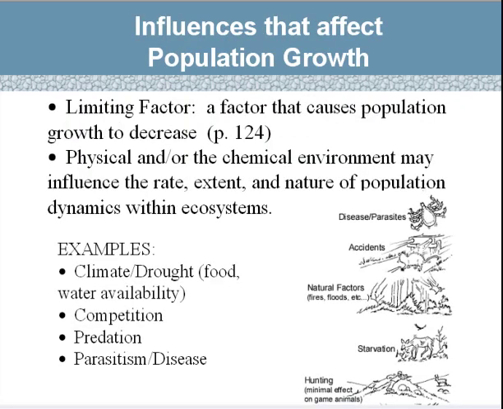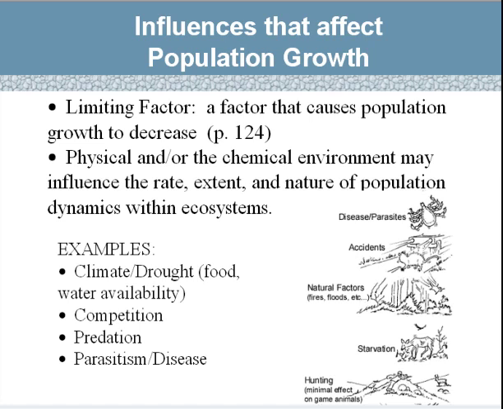There are other influences that affect population growth. Some of those we consider limiting factors, and that is a factor that causes a population growth to decrease, to go down. There are lots of different types of these. Some would be living factors in the environment, some would be non-living factors. Some examples would be the climate, or if there is a drought.